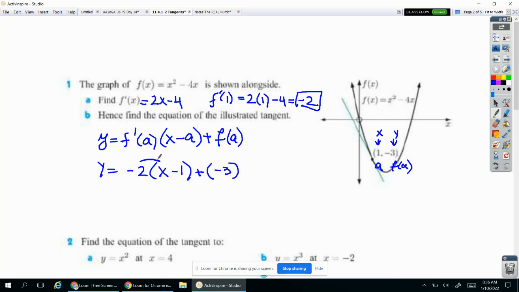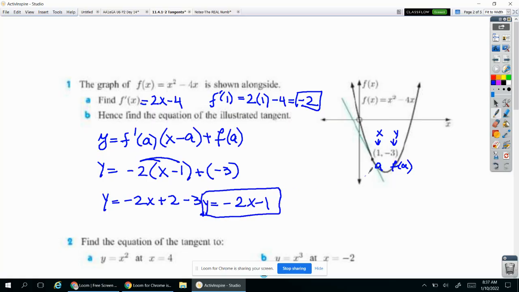Let's simplify this. We need to distribute. So we have y equals negative 2x plus 2, and then minus 3, which simplifies to negative 2x minus 1. So this is our equation of the tangent to the curve at point 1 comma negative 3.